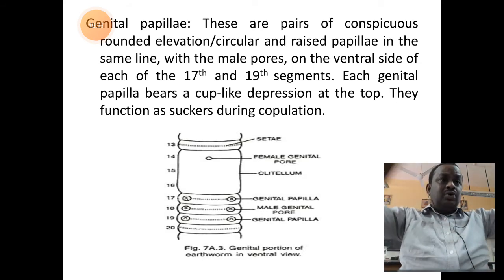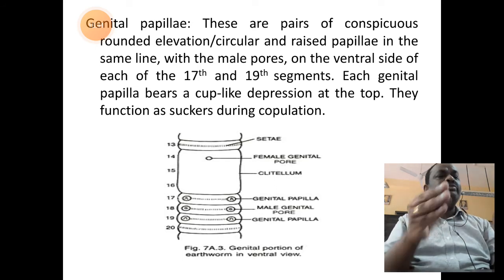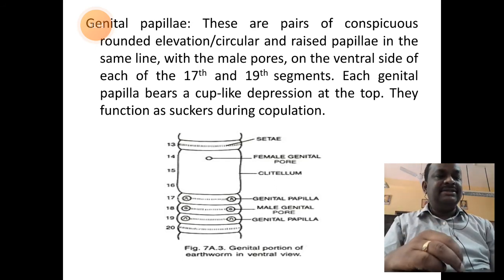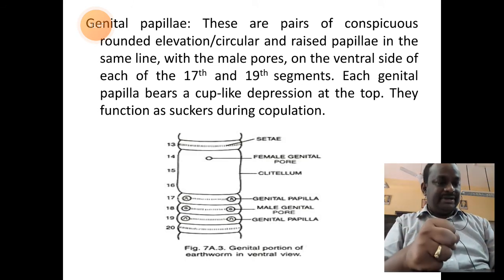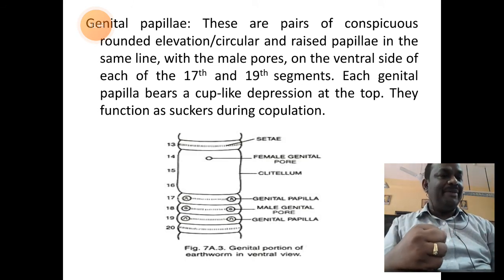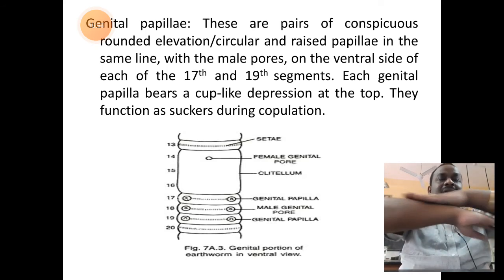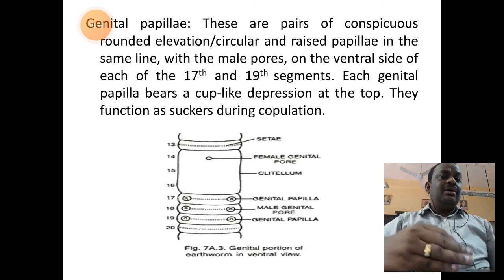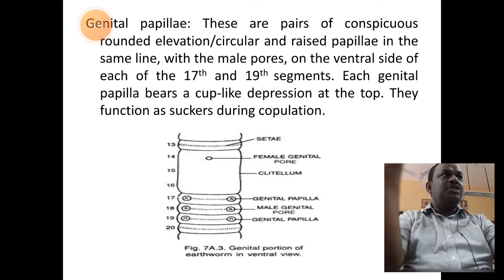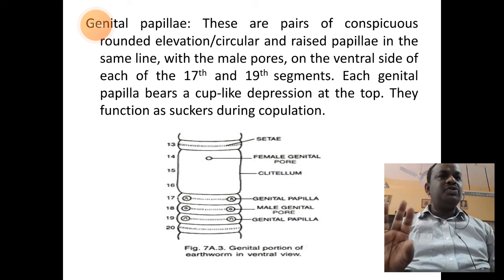So to hold the organism tightly, to insert the sperms into the body of the other organism, there are two attaching structures called genital papillae. One pair is present above the male genital pore segment, that is the 18th segment, which means the 17th segment shows one pair of papillae, and the 19th segment shows another pair.